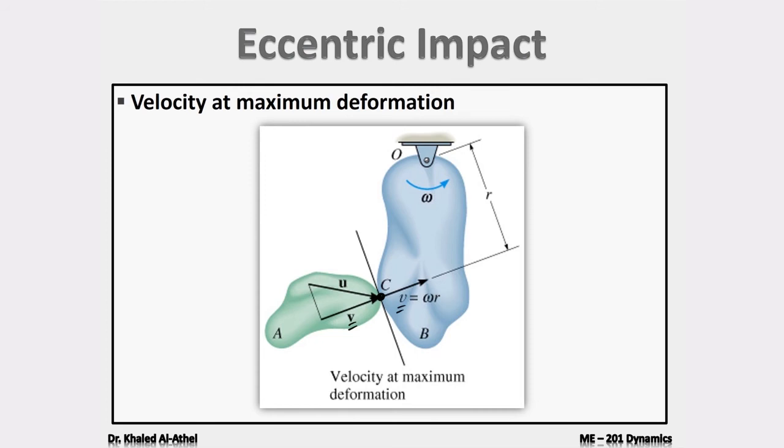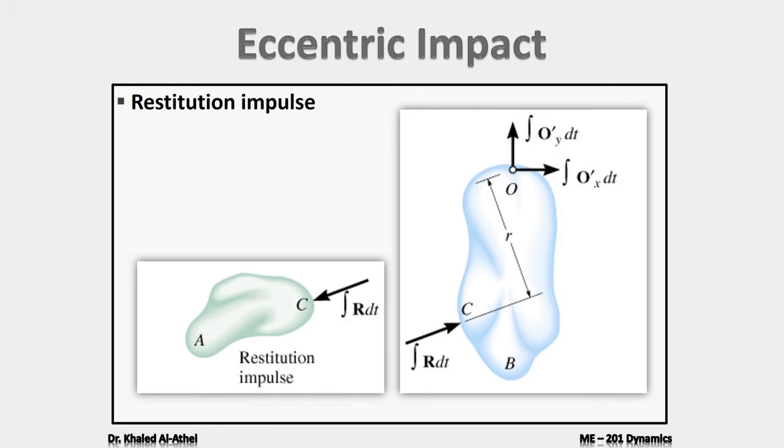So the velocity of A at that point is the same as the velocity of B at point C, which is related to omega by omega r. And then I'm going to get restitution impulses, again equal in magnitude, opposite in direction.